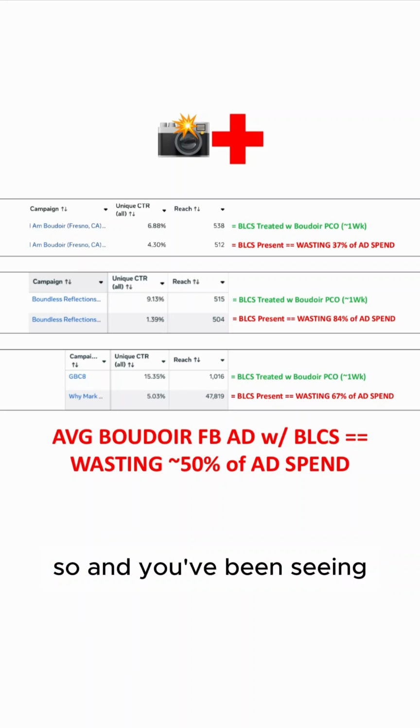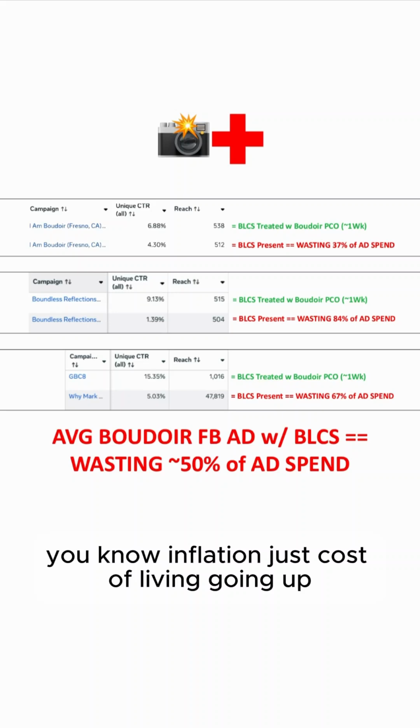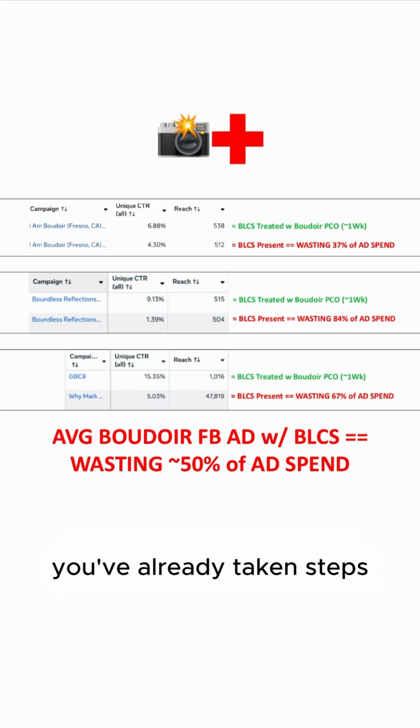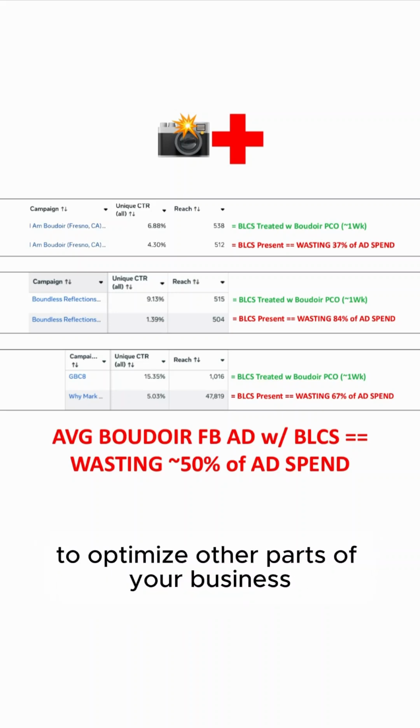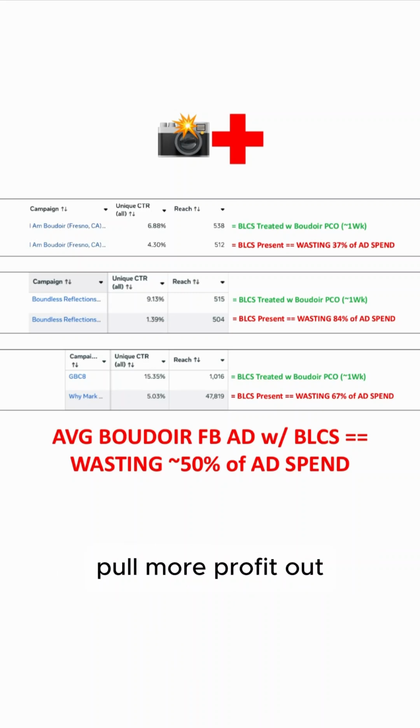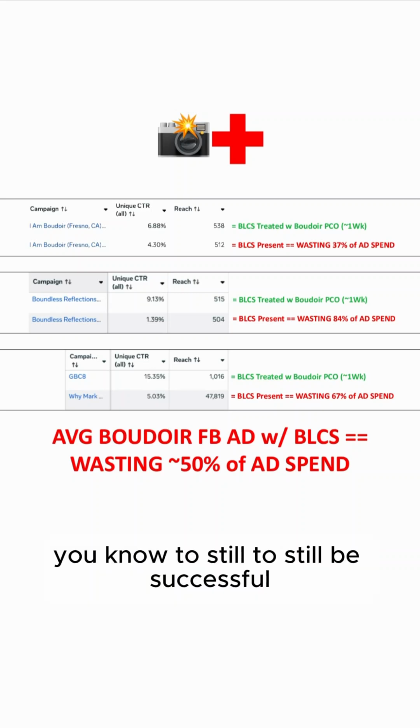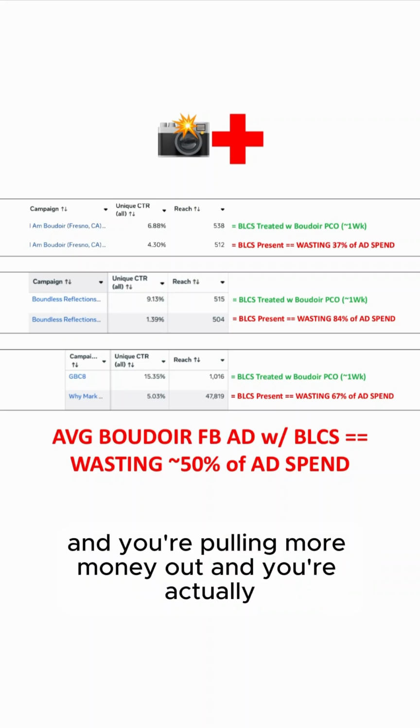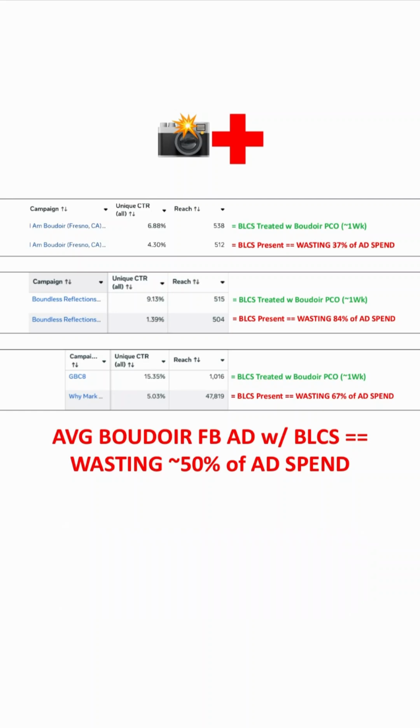And you've been seeing inflation, cost of living going up. So you've already taken steps to optimize other parts of your business, pull more profit out, to still be successful.